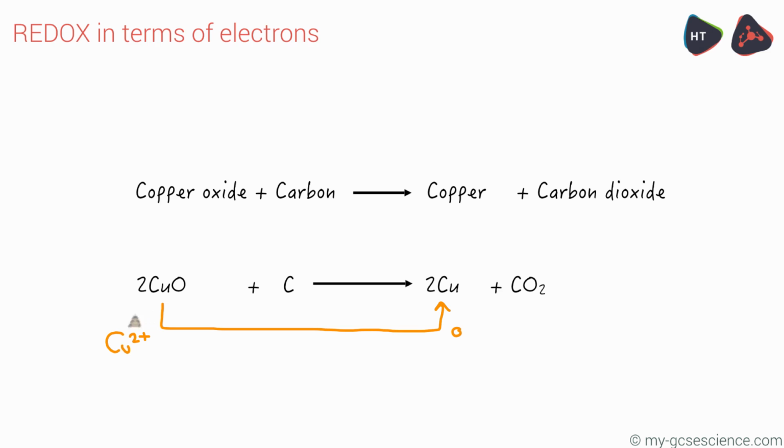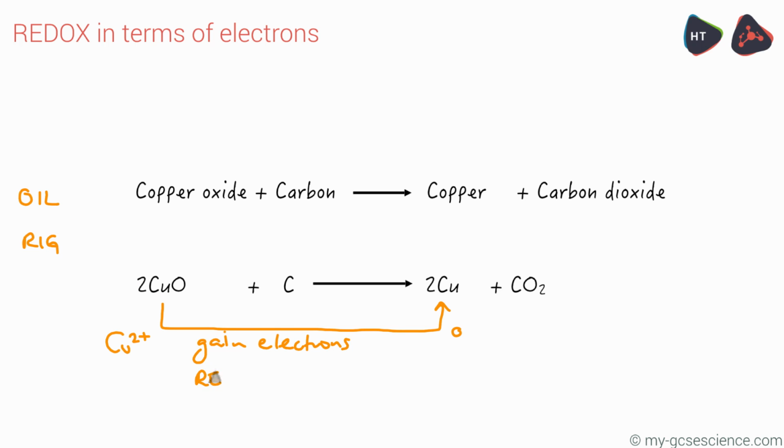To go from a 2+ charge to no charge, that means we must gain electrons. Because you'll remember that electrons have a negative charge, so we need to add 2 negative charges to 2+ to make it into 0. If you remember OIL RIG, oxidation is loss of electrons, reduction is gain of electrons.